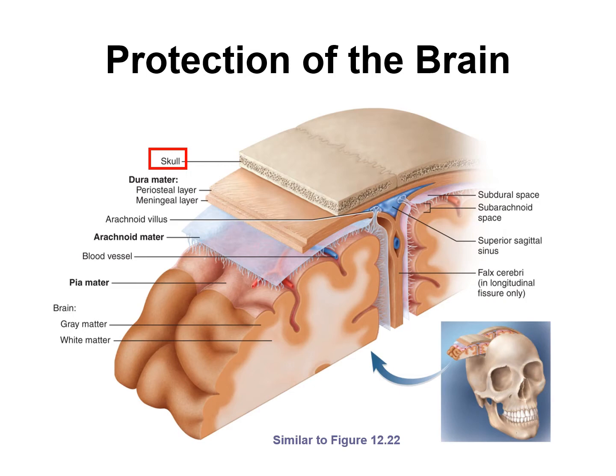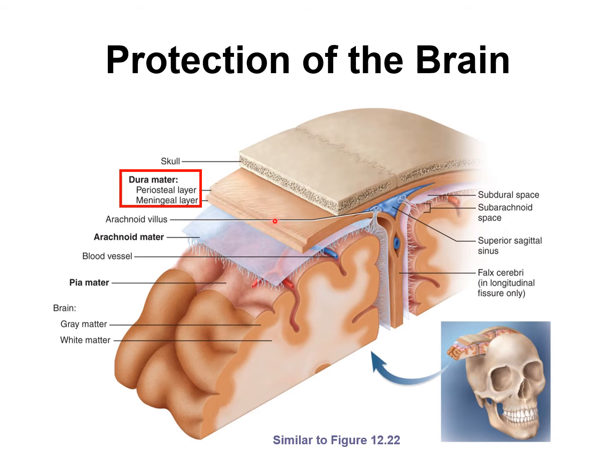Deep to the skull, you have the meninges. If you recall, the meninges include 3 layers of connective tissue membranes. The outermost is called the dura mater, which literally means hard mother. It's actually composed of 2 separate layers, although you don't have to know the names of those layers.